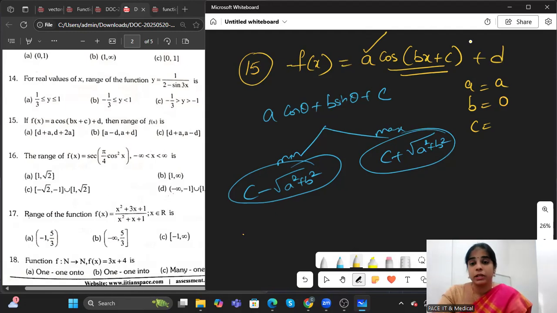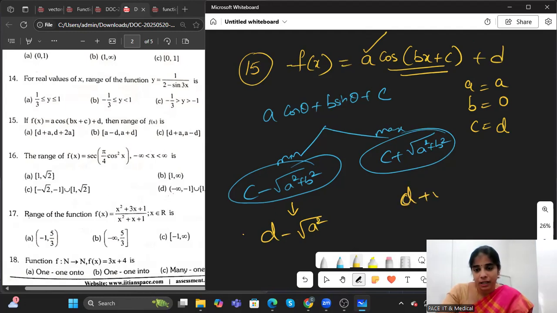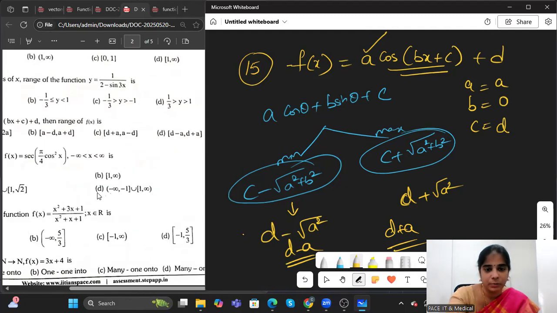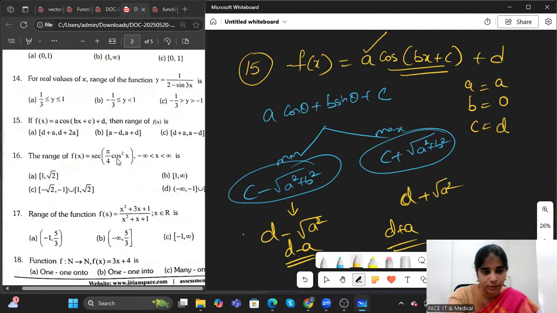Hence B is 0 and my constant term is C, which is D. So just to substitute here, C, that is D minus under root of A square and D plus under root of A square. So basically D minus A and D plus A are the minimum and maximum values for this question. Right? So D minus A and D plus A, option D will be your right choice there.